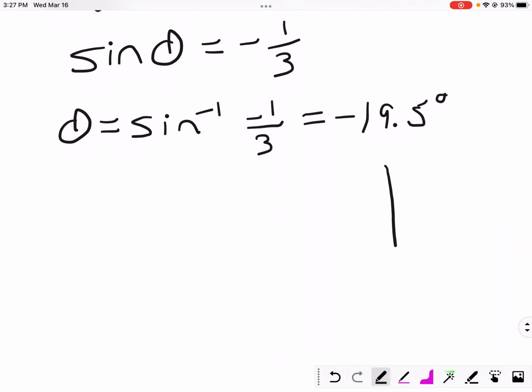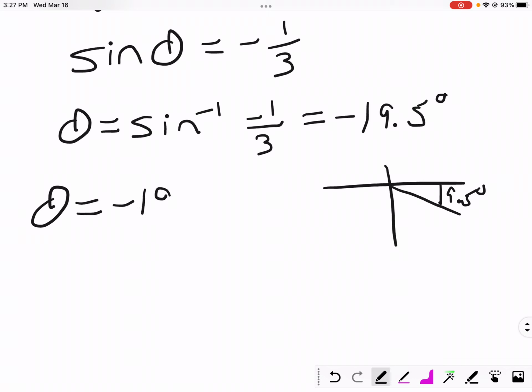And I'm just going to draw this on a diagram that's like this. So it's 19.5 degrees right there. And first of all, I'm going to write it like this. The formula says 180 minus that angle.